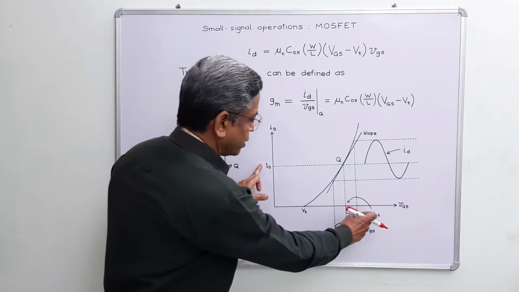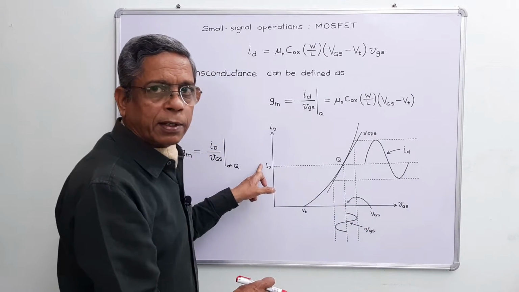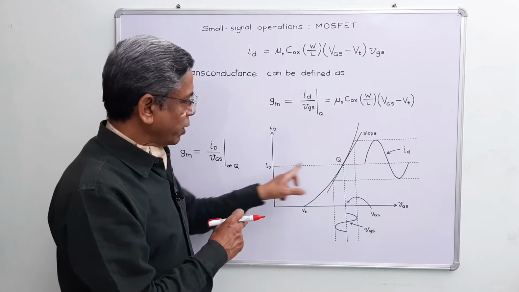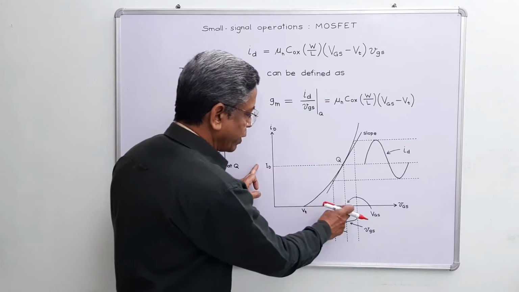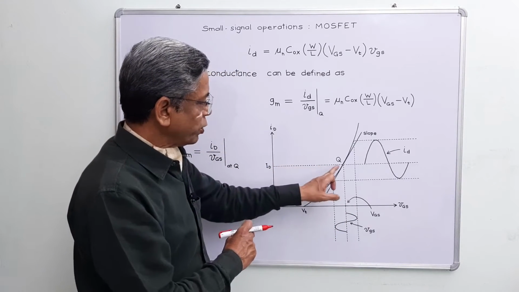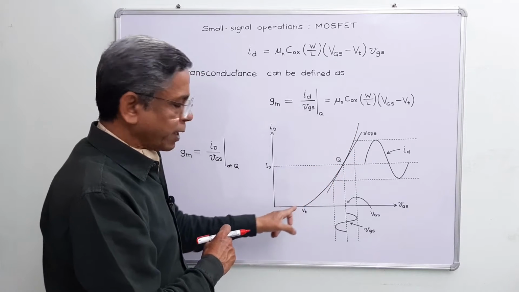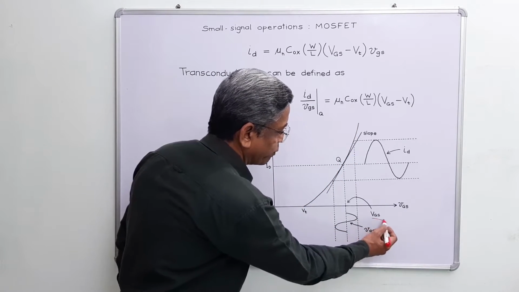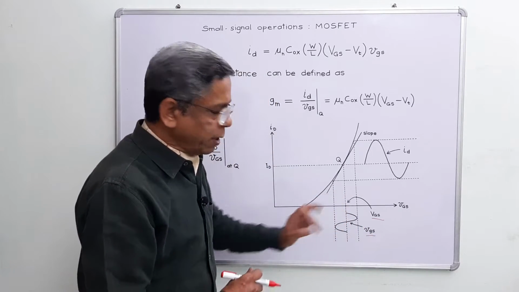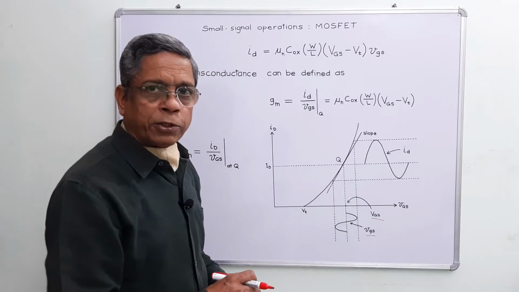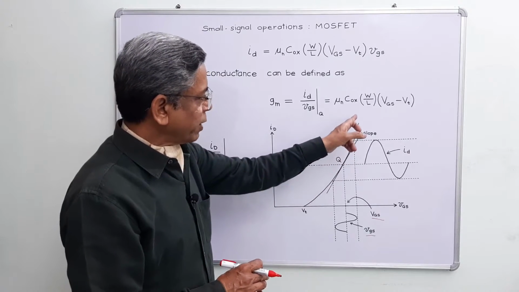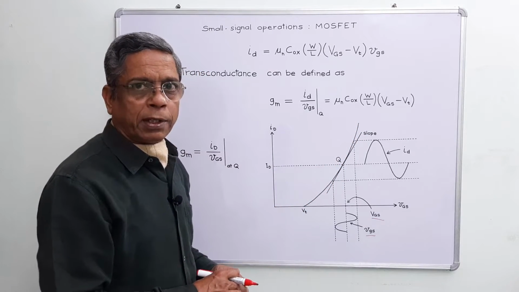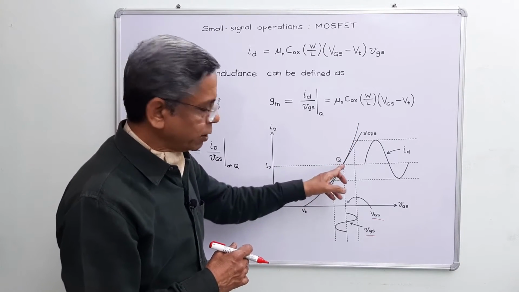This ID and this VGS are the initial quiescent values for the Q point, and these two values will decide the position of the Q point on the transfer characteristic. And this is the signal which is superimposed on VGS at this point, and the Q point is chosen in the midway of the transfer characteristic, assuming that there is linearity around this point.